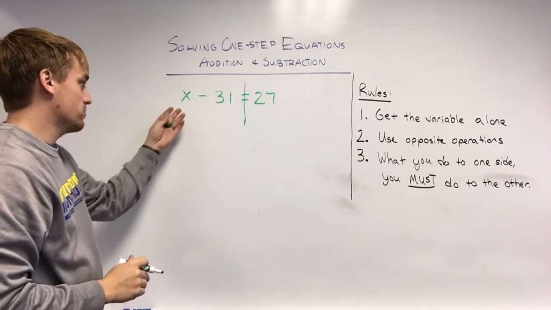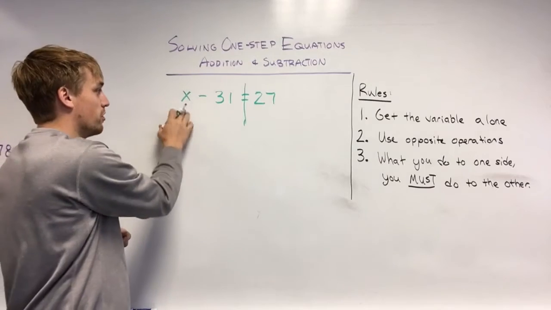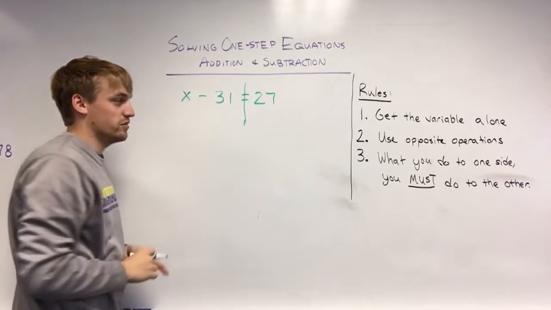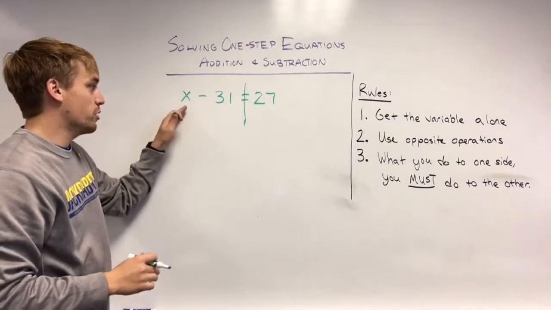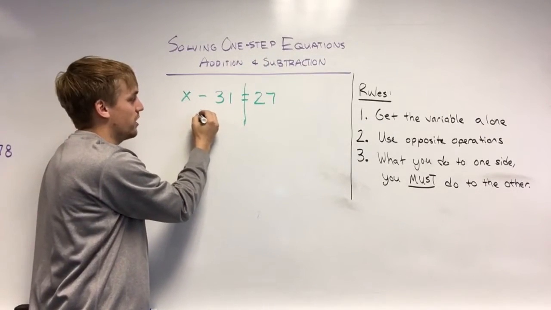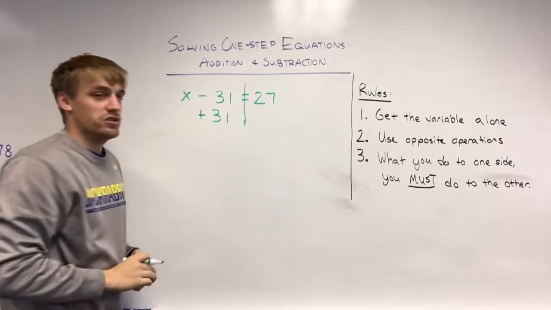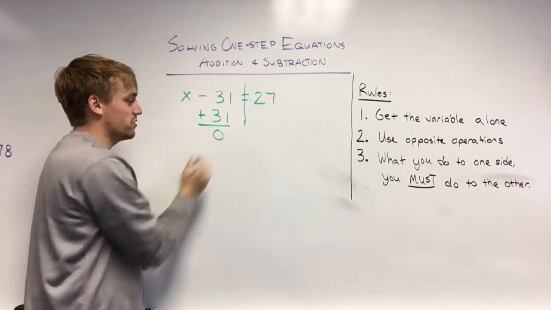So we ask ourselves, what operation is the variable involved in? Well, it's involved in subtraction. So we're going to use the opposite operation to get the variable alone. So instead of subtracting 31, we're going to add 31. By using the opposite operation, negative 31 plus 31 becomes 0.